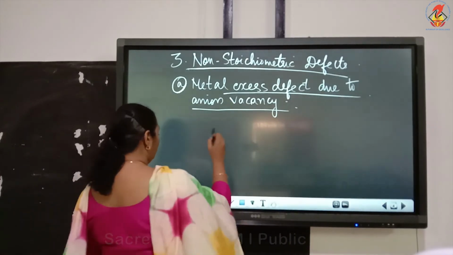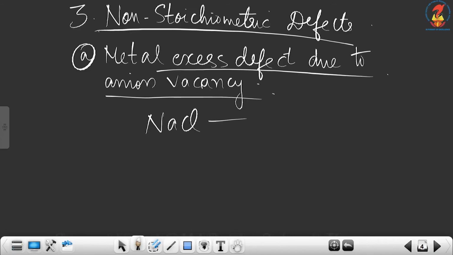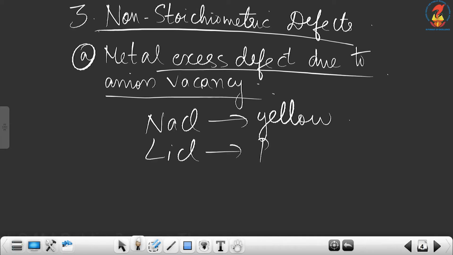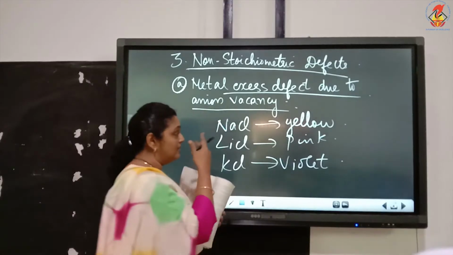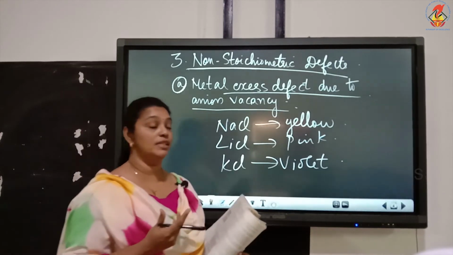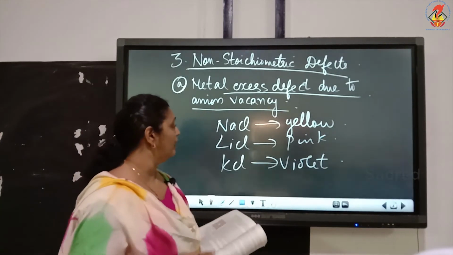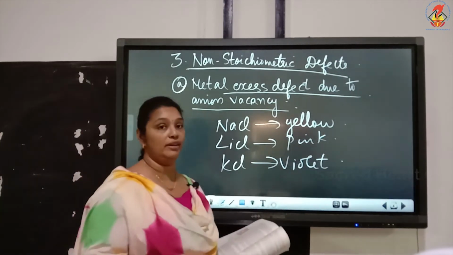Why are sodium chloride crystals yellow in color? Or why is lithium chloride pink in color? Or why is potassium chloride violet or lilac in color? When you heat these salts, you observe for sodium chloride yellow color, lithium chloride pink color, potassium chloride violet color.